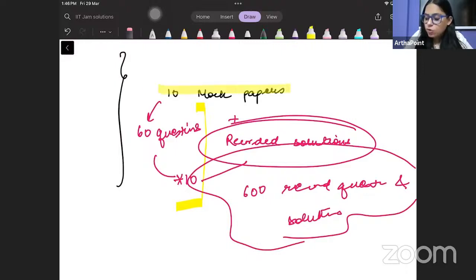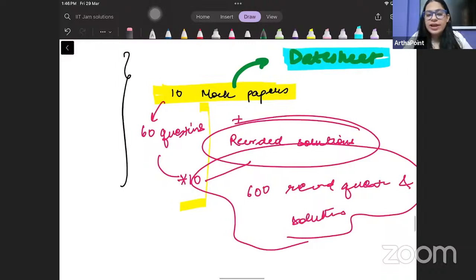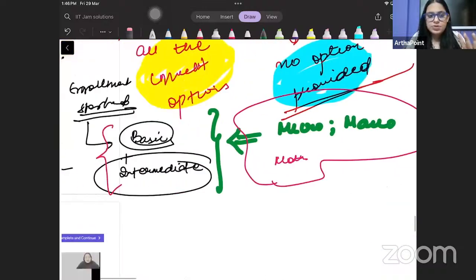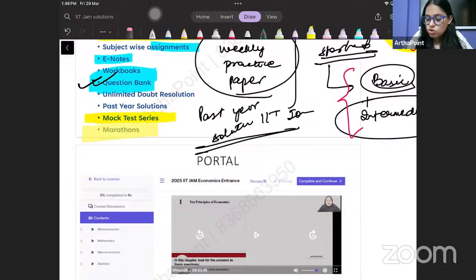We take these mock papers very seriously at Artha Point. So you are given a proper date sheet that we release, and using that date sheet, you have to sit for these mock papers. Okay, beta. Then we will also have marathons towards the end.